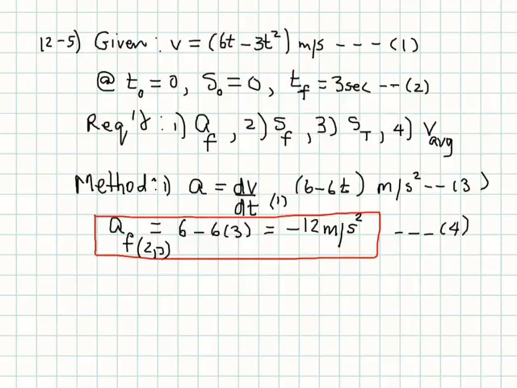Now let's go to the second part. The second part wants s when the time is 3 seconds. And if you remember the expression, v is ds dt, this means I can now write the expression. If I rearrange the variables, I can write the s.